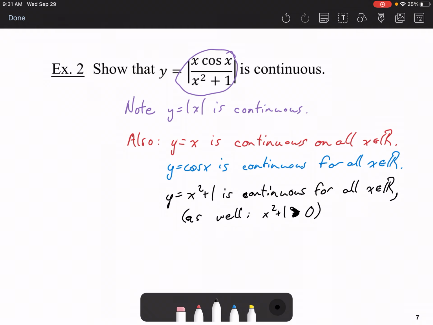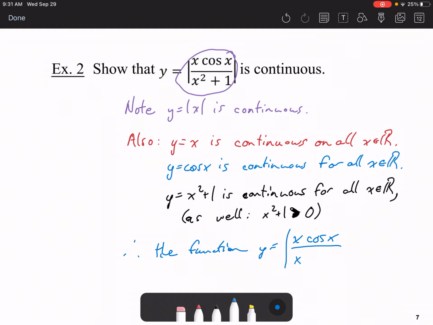So, therefore, the function y equals absolute value of x times cos x over x squared plus 1 is continuous for any real number, based on those theorems that we just saw.